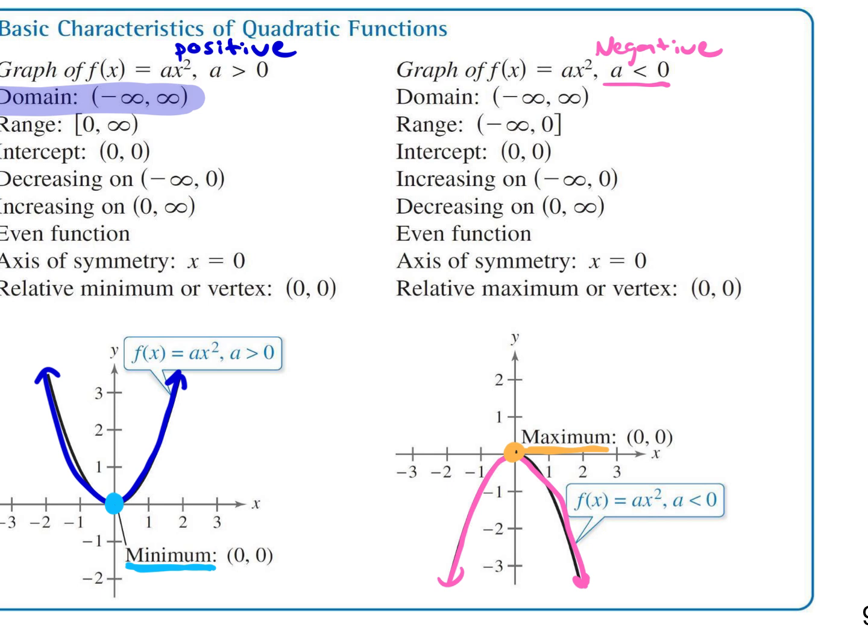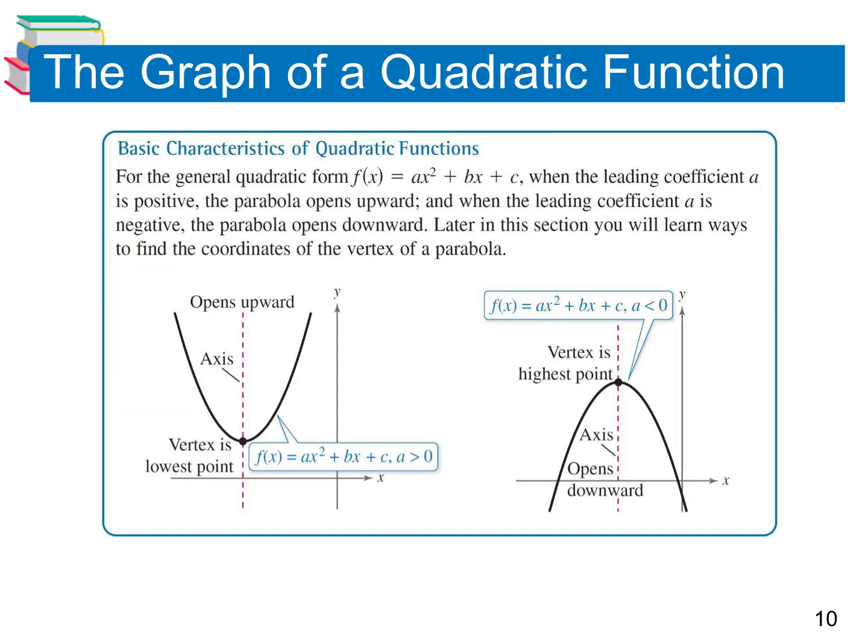And then our domain is also from negative infinity to positive infinity. So it doesn't matter whether it opens up or down. Your domain is always, always, always, for parabolas, all real numbers. Next page is just another example of when it opens up and when it opens down.